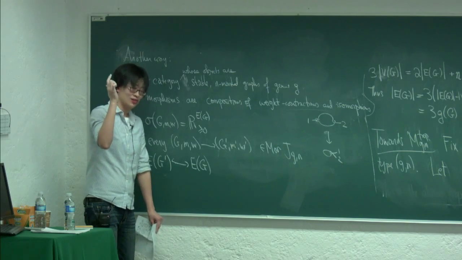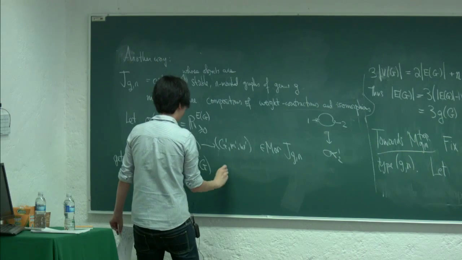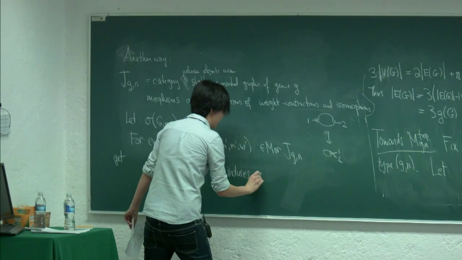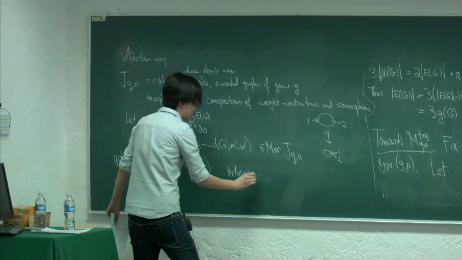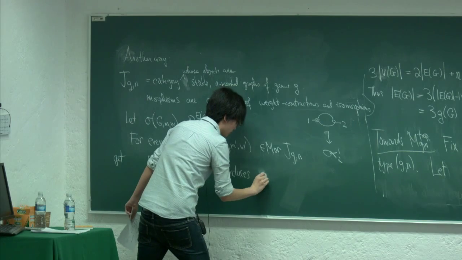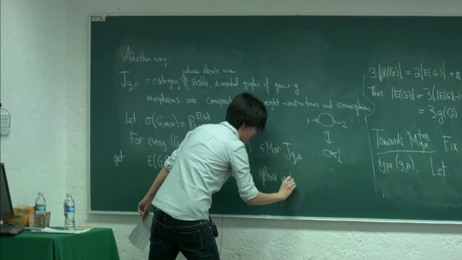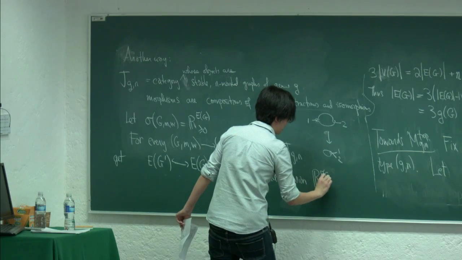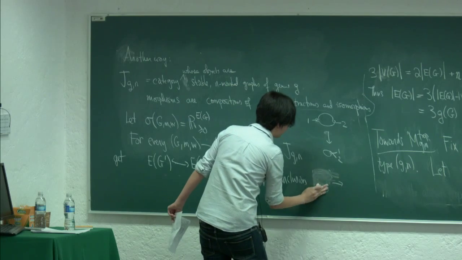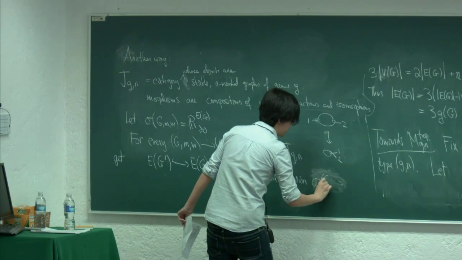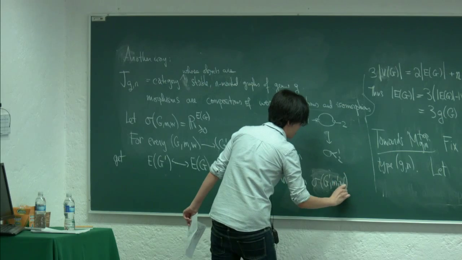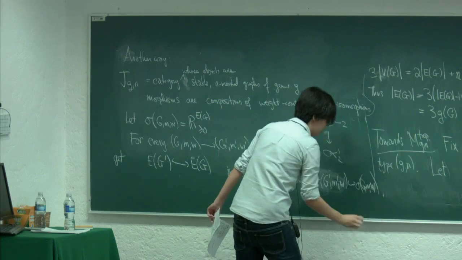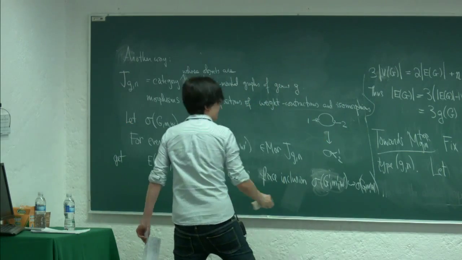That's all I'm saying. And this inclusion induces a face inclusion, possibly non-proper, of one orthant into the other. So let me use my notation: sigma of G', M', W' included into sigma of G, M, W.